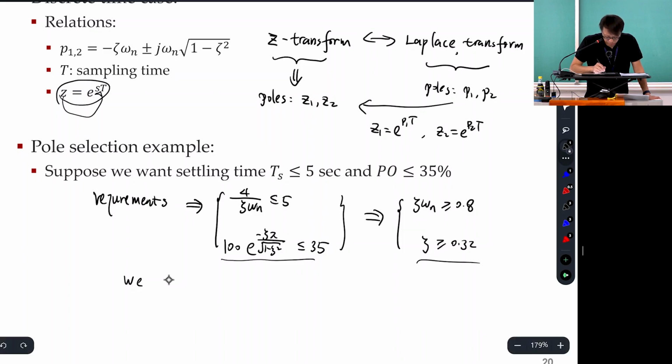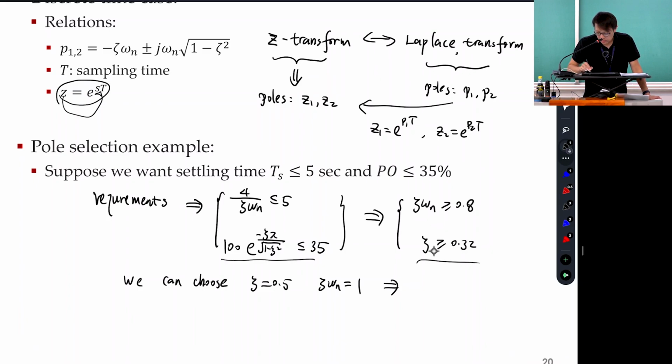So we can choose zeta equal to 0.5 and zeta omega equal to 1. This tells us that zeta satisfies this, right? I can have some buffer. I don't want to pick zeta exactly at the minimum; I want it to be a little bit bigger than the minimum requirement.